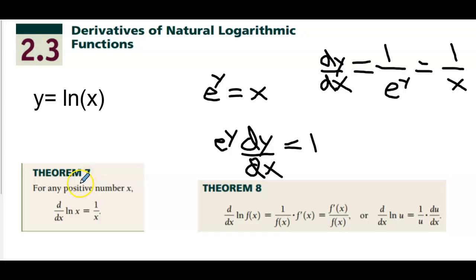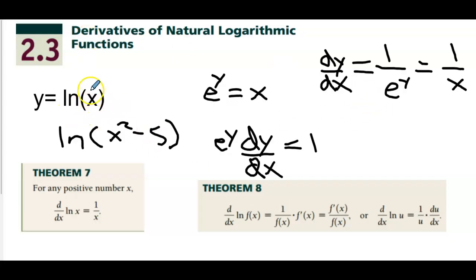So here's the derivative of the natural log equation y equals ln x, and that's what the book is calling theorem 7. Now, theorem 8 will work more generally for any statement of x. That's what's meant by f of x here: we don't necessarily have to have just x. We can have, for example, x squared minus 5 as our input rather than x. This is a chain rule application, so we take the derivative of the outside piece, the ln.